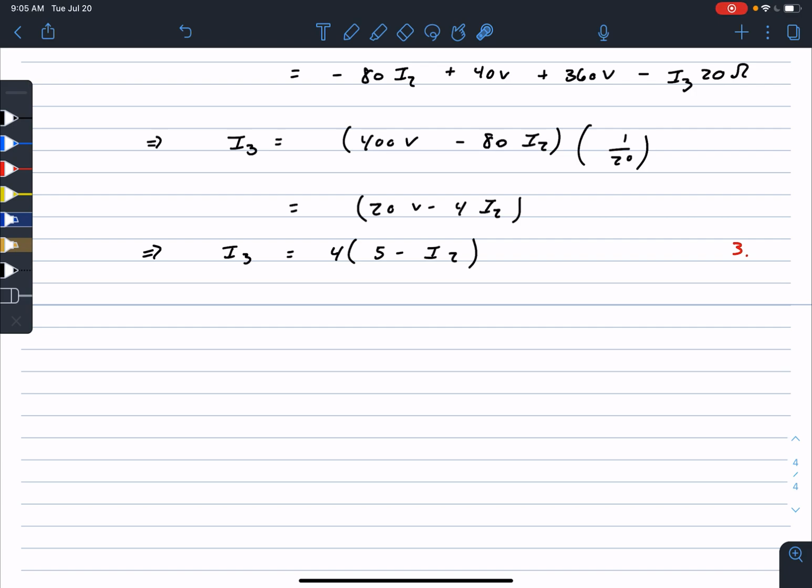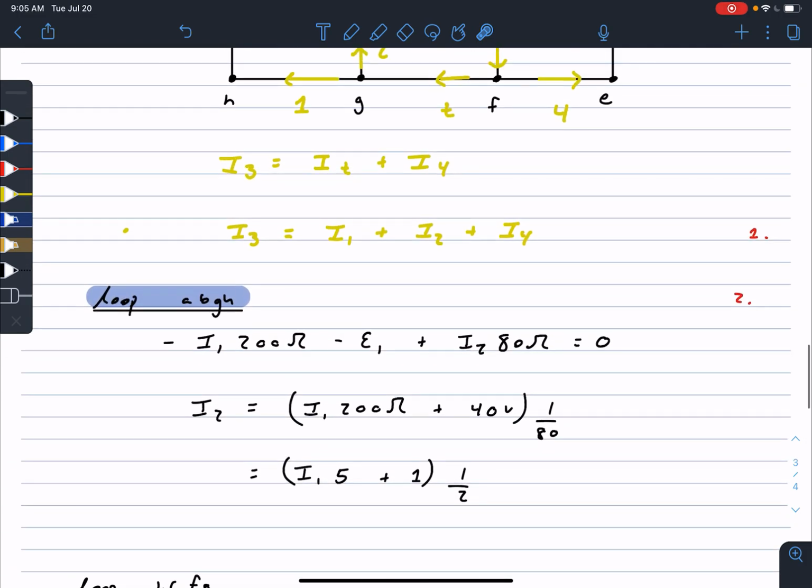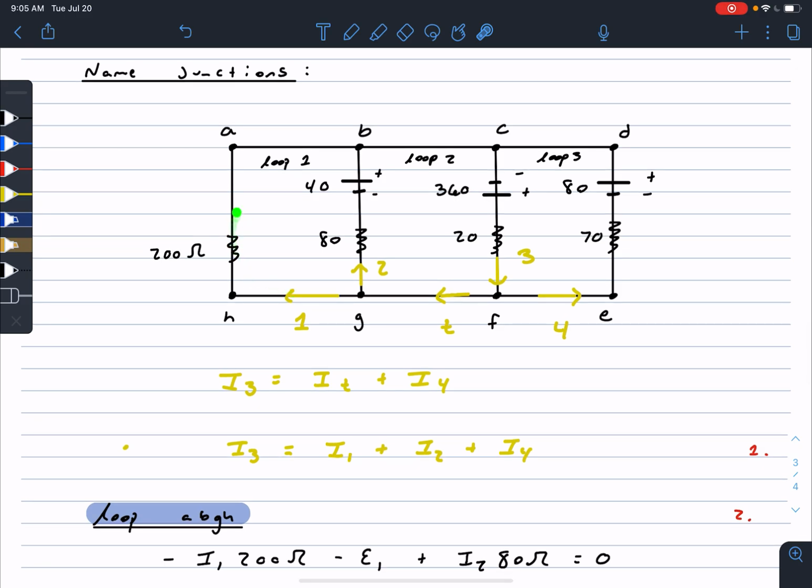It's probably going to be one step easier if we go around the outside of the loop, because we have 1, 2, 3 elements on the outside of the loop, versus if we do this loop, we have 1, 2, 3, 4 elements.